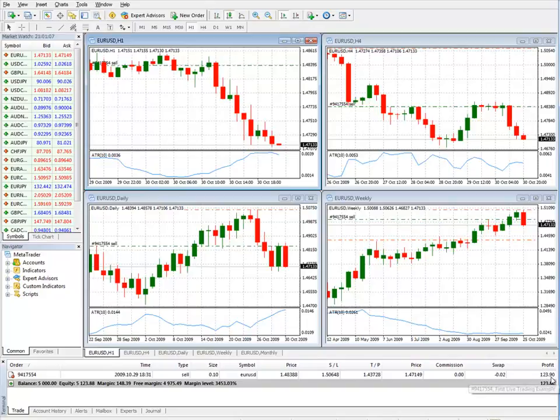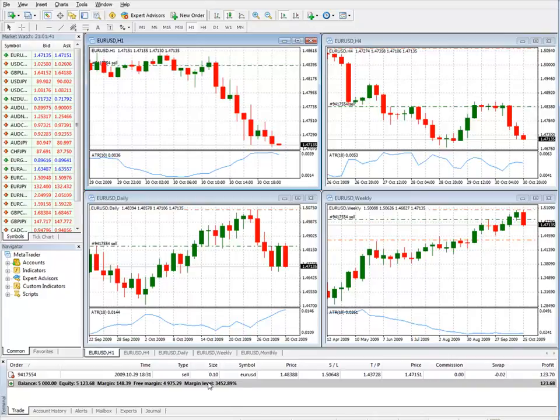So in this case, we're using a lot size of 0.1 rather than 1. In a standard account, a standard lot would be $1,237 basically. So 123 pips would be $1,230. That's how far we'd be ahead in this particular trade.